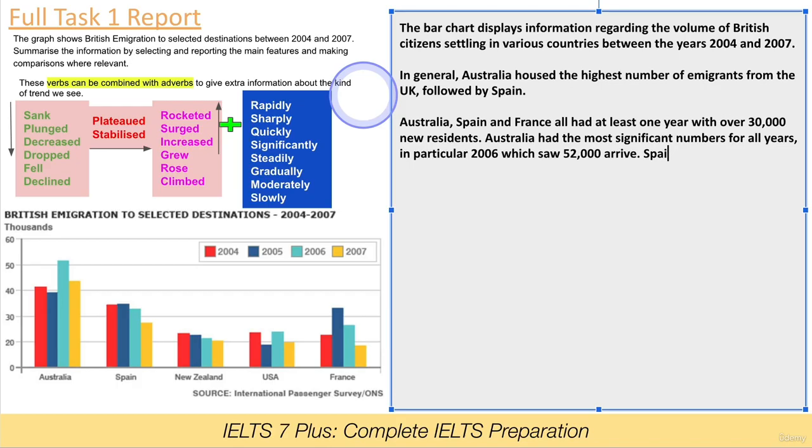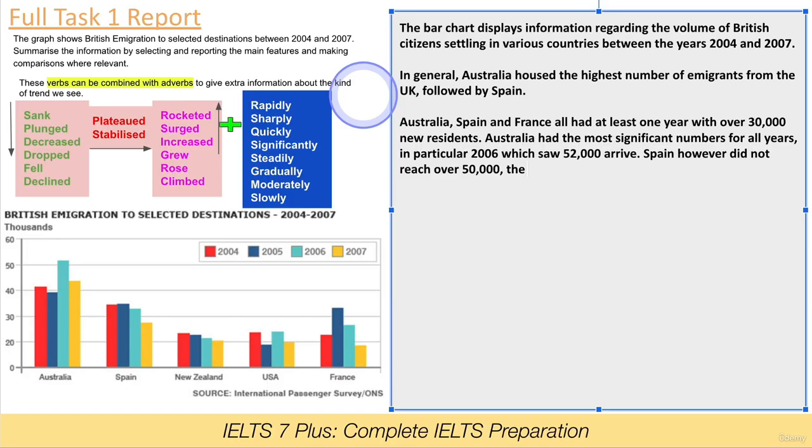Okay, next, let's talk about Spain. Spain, however, did not reach over 50,000.